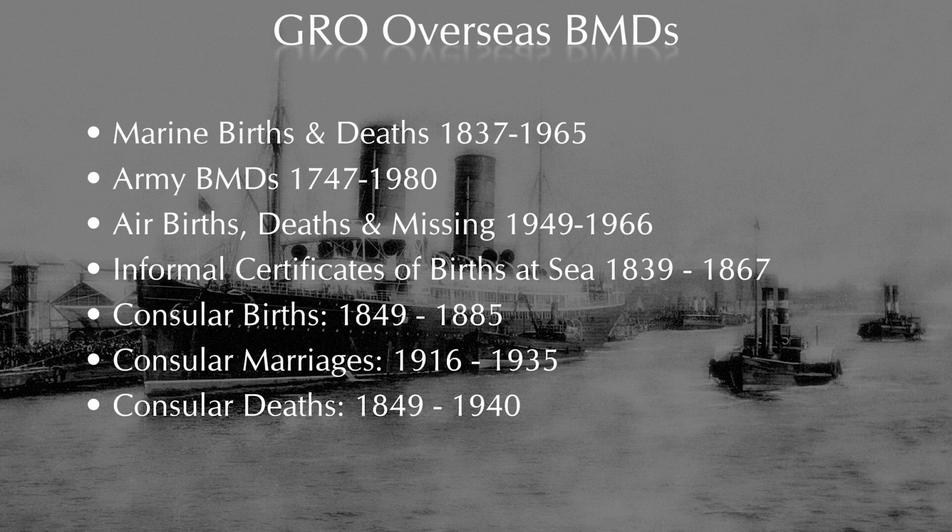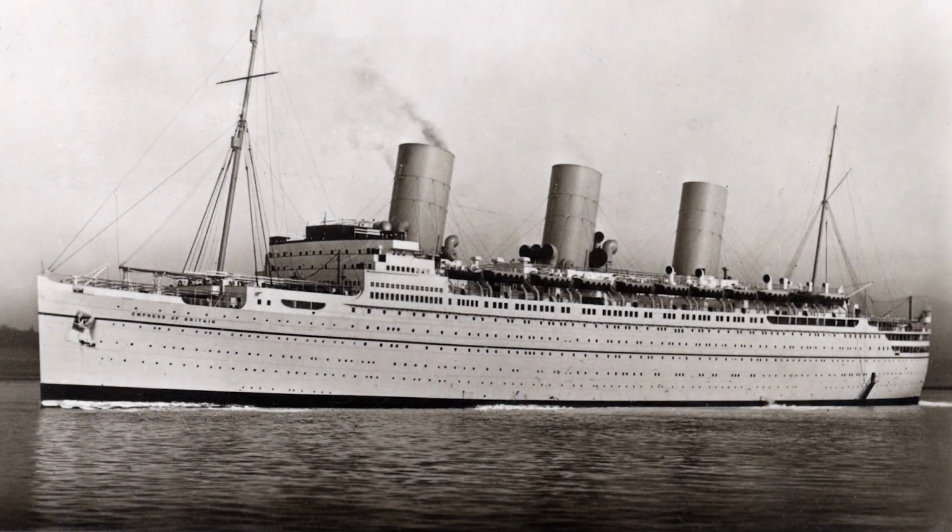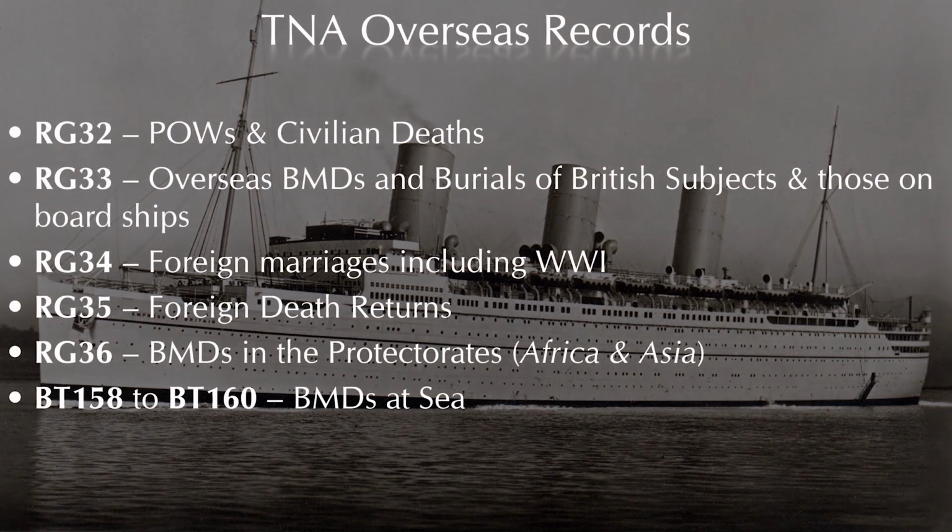There's a second collection of overseas records though that can help you, and that's the National Archives collection. This includes things like RG32, including prisoner of war and civilian deaths. RG33 contains overseas births, marriages and deaths, as well as burials of British subjects on board ships. RG34 contains foreign marriages during the First World War.